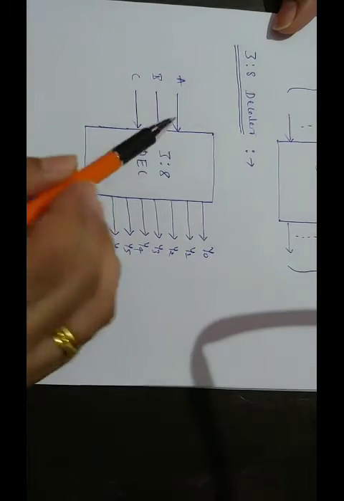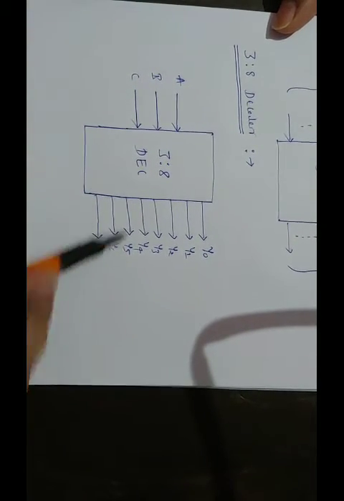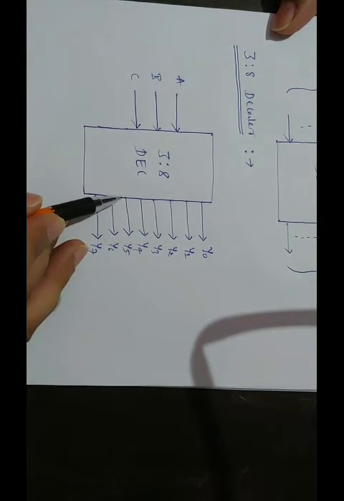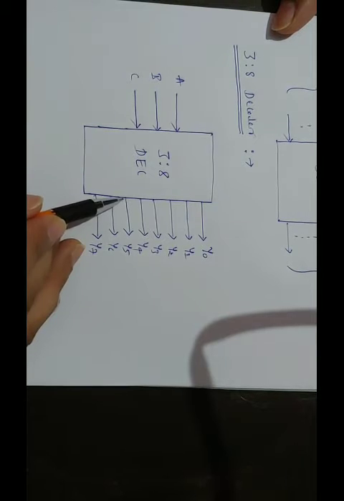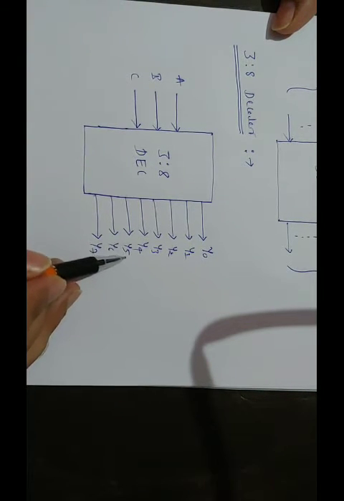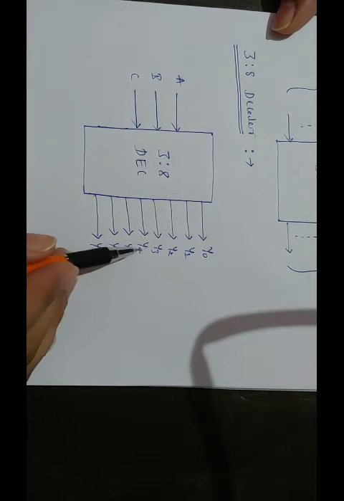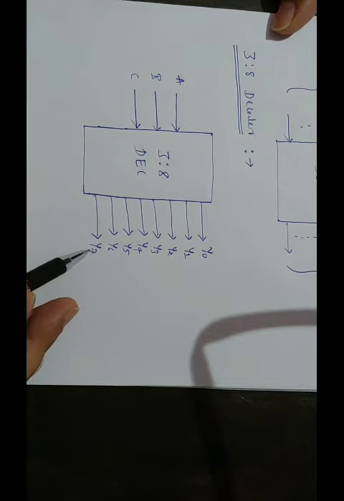If I choose ABC value as 101, then 101 corresponds to 5, so the fifth line y5 is activated, that means it will become logic 1. The remaining y0, y1, y2, y3, y4, y6 and y7 will become 0.